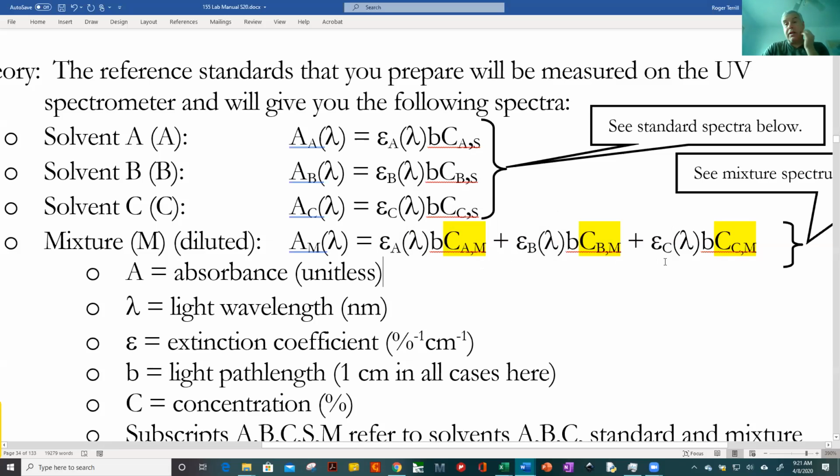But there certainly are wavelengths where the third component, epsilon C, is 0. So we can find a wavelength where epsilon sub C is 0 and only epsilon A and epsilon B contribute.